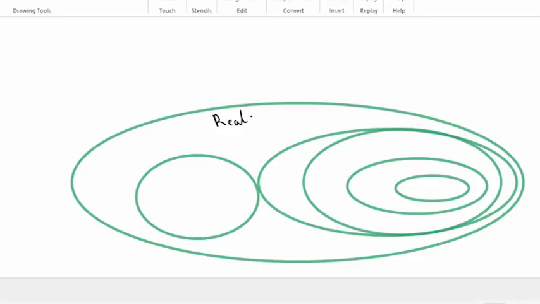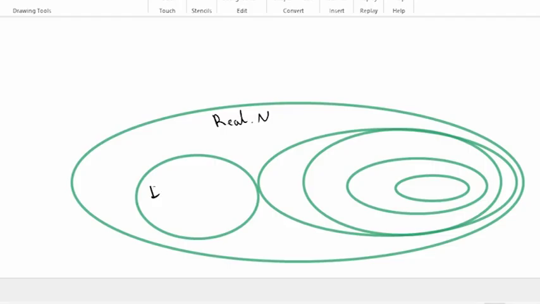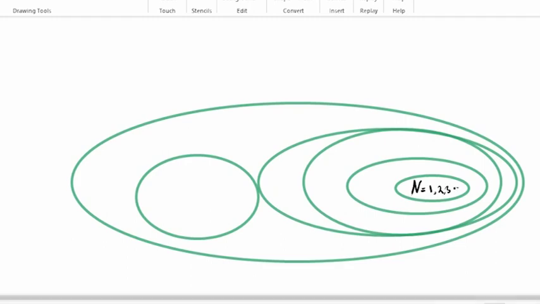Real numbers include irrational numbers. Here, irrational numbers. Here we have natural numbers, for example 1, 2, 3, etc. Here we have whole numbers, W, 0, 1, 2, 3, and so on.